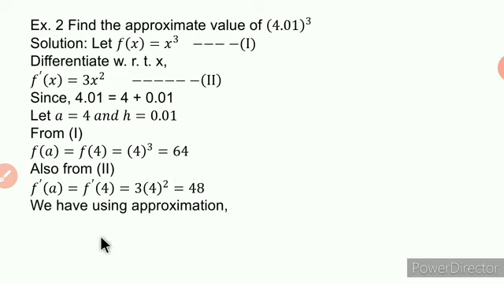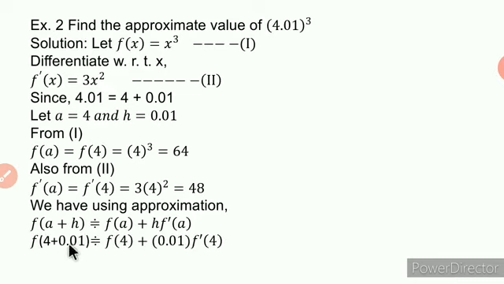So now using approximation, we have f of a plus h is approximately equal to f of a plus h into f dash of a. Substituting corresponding values for a and h, we get f of 4 plus 0.01 approximately equal to f of 4 plus 0.01 into f dash of 4. Substituting both the values here, we get approximately 64 plus 0.01 into 48.